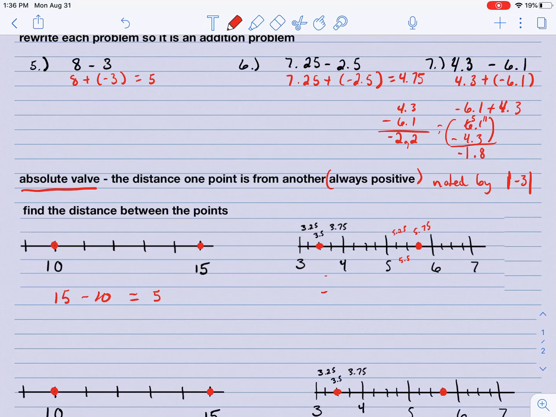So now to find the difference, or the distance, we take the difference of 5.75 and 3.5. And when you solve that, you'll find that is 2.25. So that is the difference.